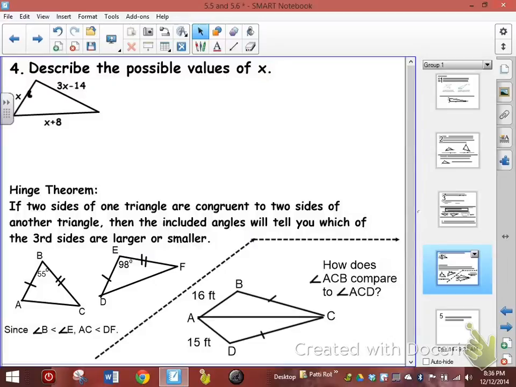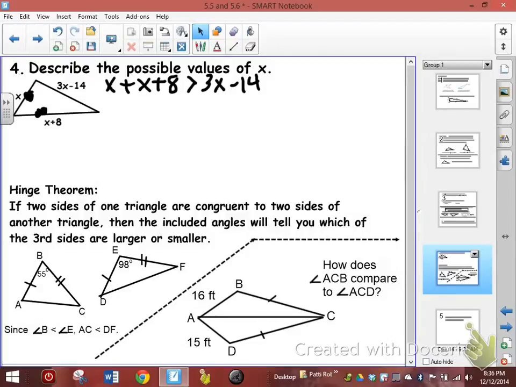So the first combination, let's add this one, and it's got to be bigger than the third over here. So it's going to be x plus 8. So those are these two sides. That has to be greater than the 3x minus 14.